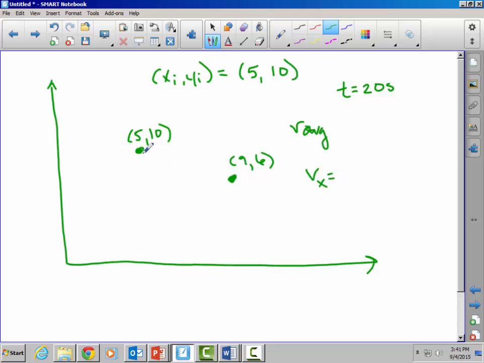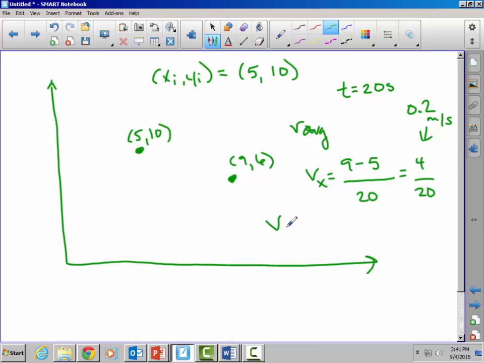In the x direction, we're starting from 5 and we're going to go to 9. So the displacement of the object, which would be 9 minus 5, over the time, which would be 20 seconds. So in this case, it would be 0.2 meters per second.